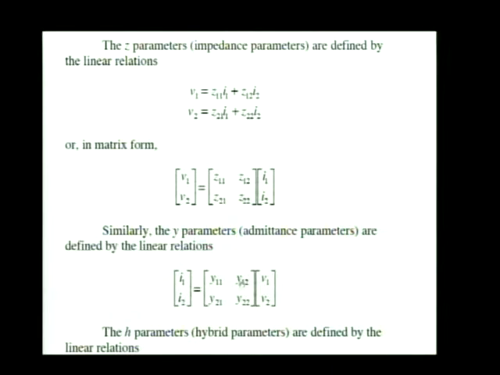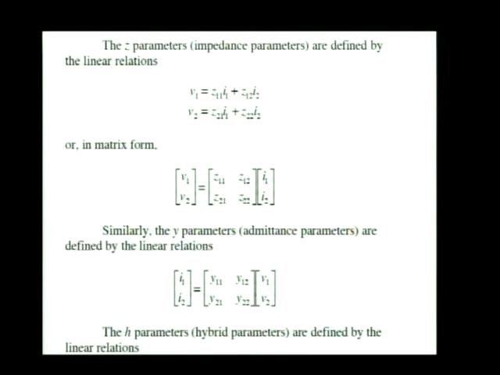I1 is equal to V1 times Y11 plus V2 times Y12. I2 is V1 times Y21 plus V2 times Y22, or this matrix equation involving the admittance matrix, the Y matrix.